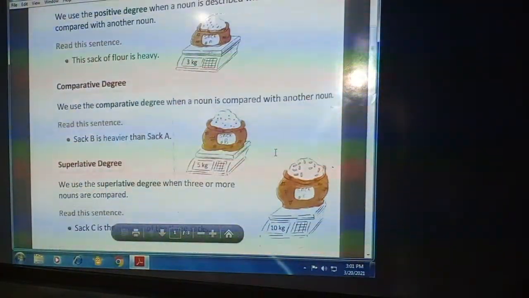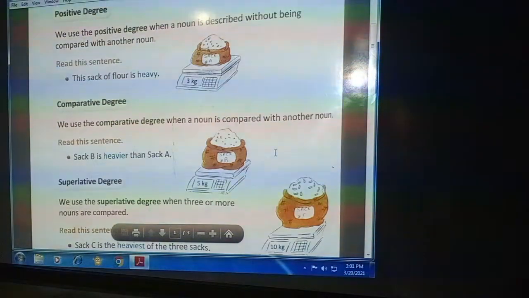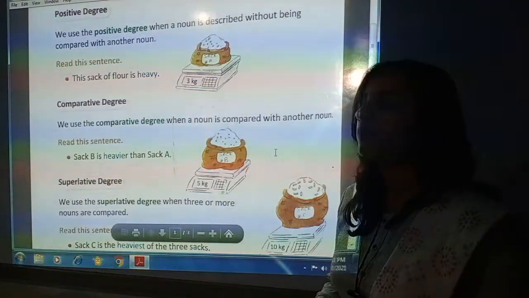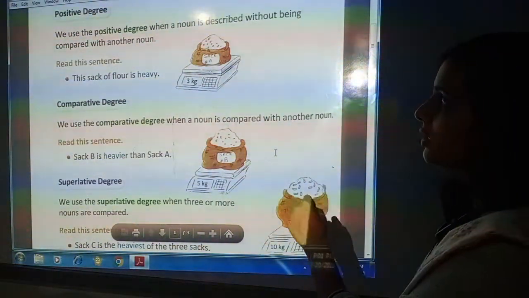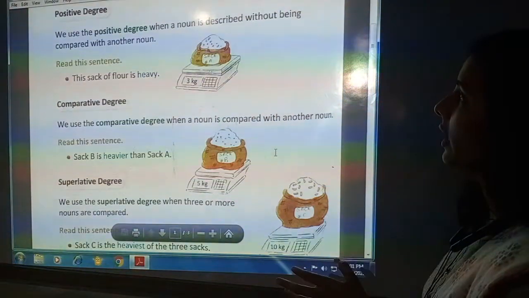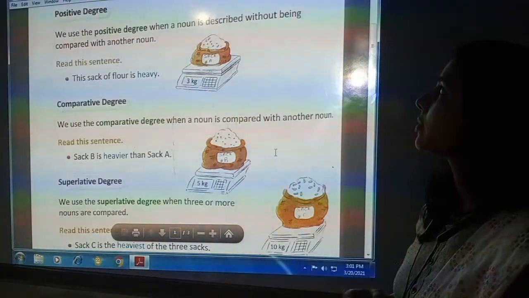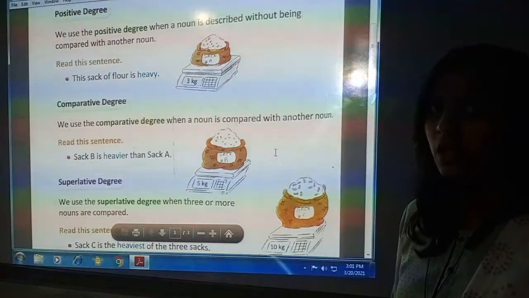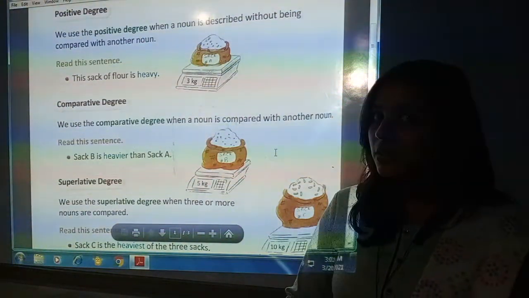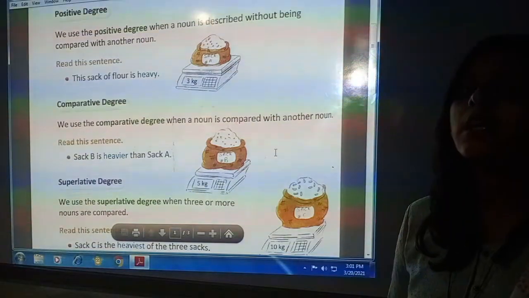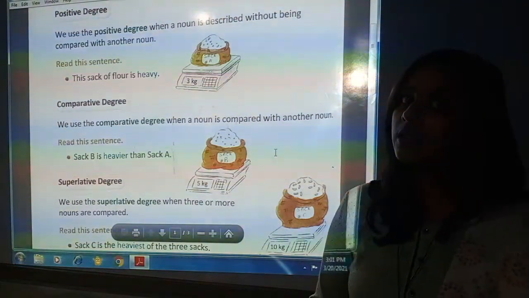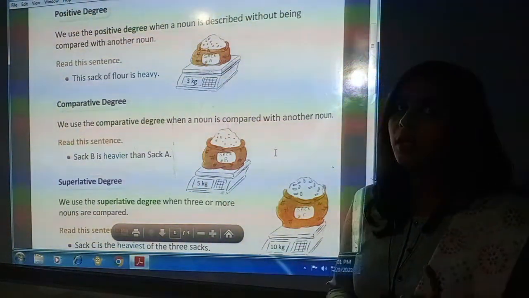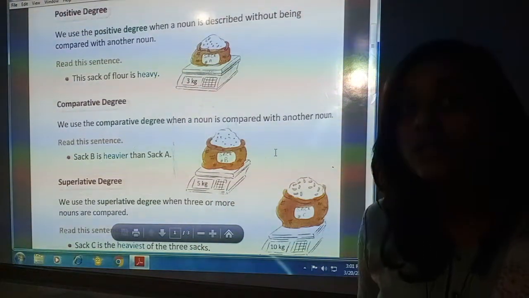Now in this comparison, the first degree is positive degree. We use the positive degree when a noun is described without being compared with another person. We are not comparing here, just stating how that noun is, the quality of the noun. That is positive degree. The comparison is not made here.